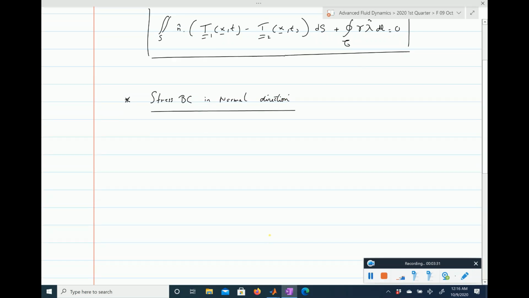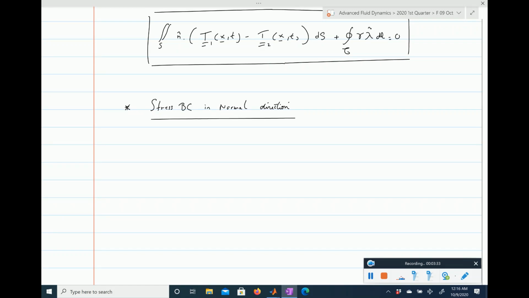And so this boundary condition is written here. This is the difference between our stress vector in region 1 and region 2. And this difference between those two stress vectors we are going to project onto the normal direction, right?